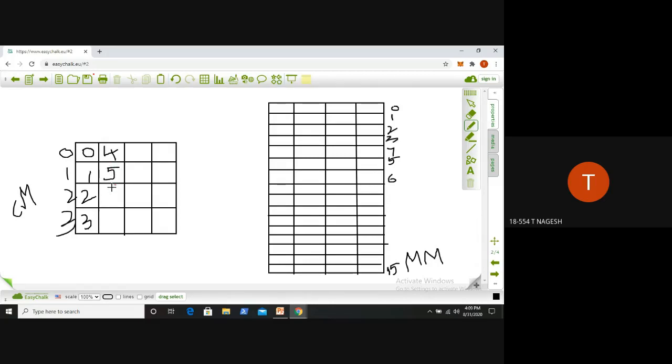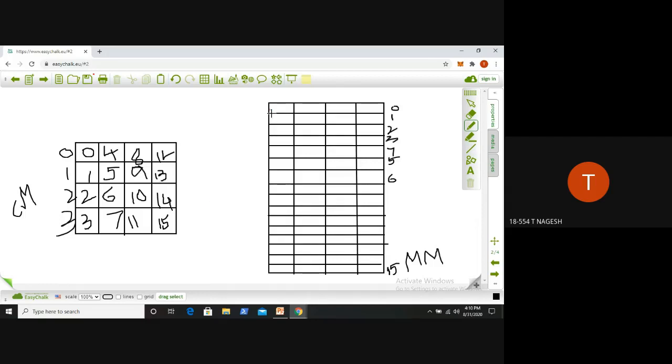Block 5 will reside here, then block number 6, block number 7, block number 8, block number 9, block number 10, block number 11, similarly block number 12 here, block number 13, block number 14, and block number 15, which is the last block for our example.